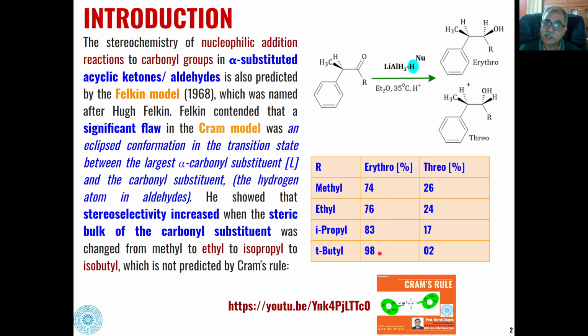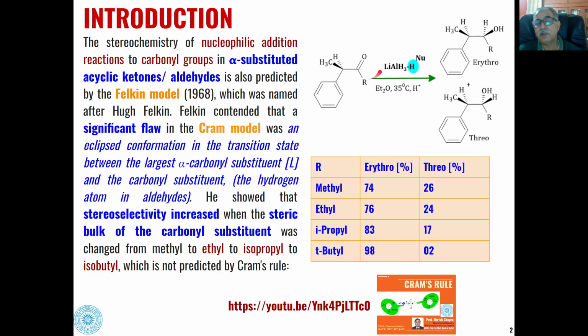This aspect is not covered in Cram's rule. Cram's rule cannot explain the effect of this R group in terms of steric bulk and how it affects diastereoselectivity. So the Felkin model has that advantage: it tells us that as we increase the bulk on the carbonyl R group, the diastereoselectivity increases.